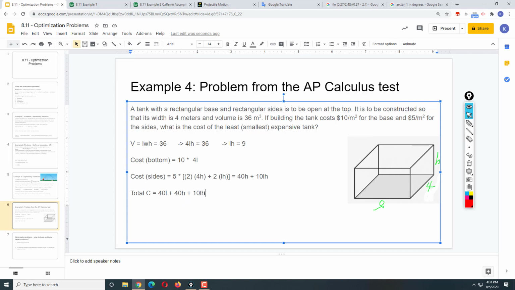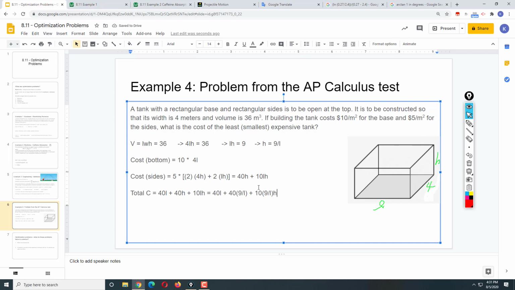We want to get rid of one of them. It doesn't matter which one you get rid of. Let's just get rid of height. If length times height is 9, that means that height is 9 over L. So I can plug this in here. So it's 40L plus 40 times 9 over L, plus 10 times L times 9 over L.